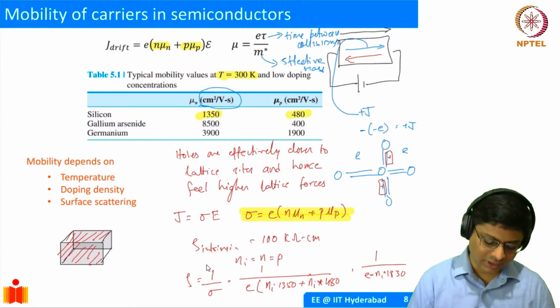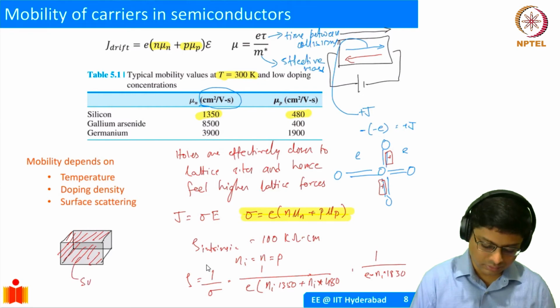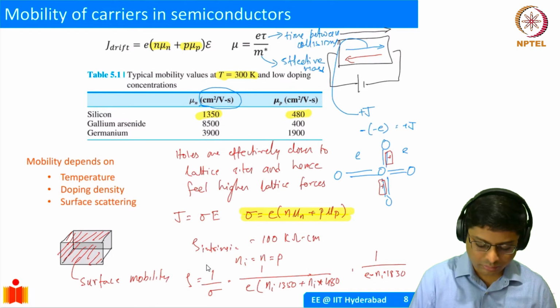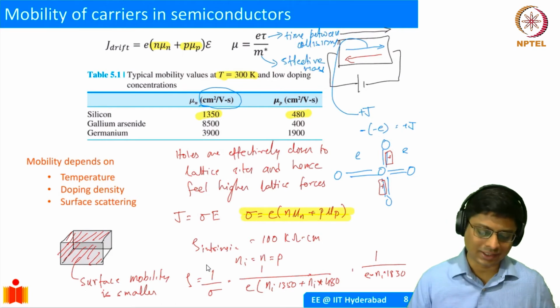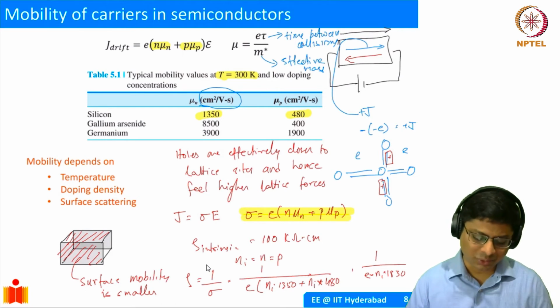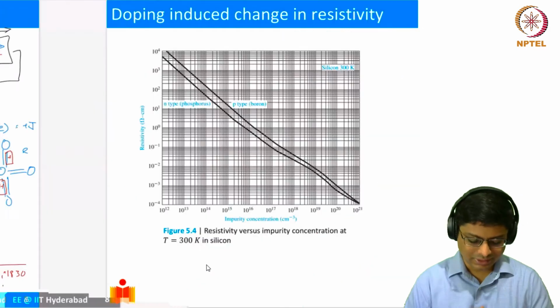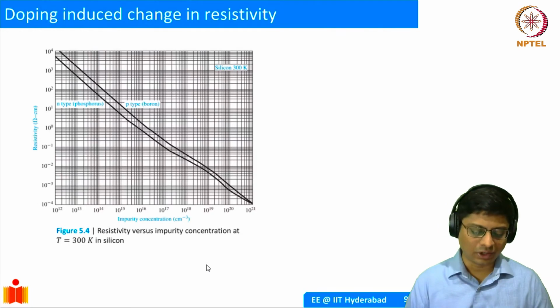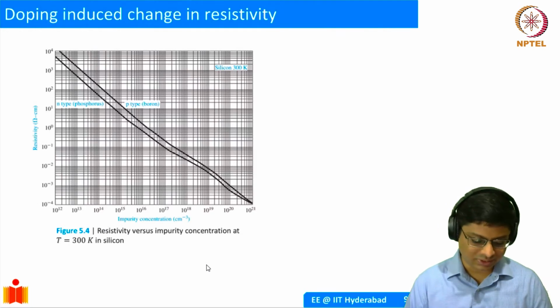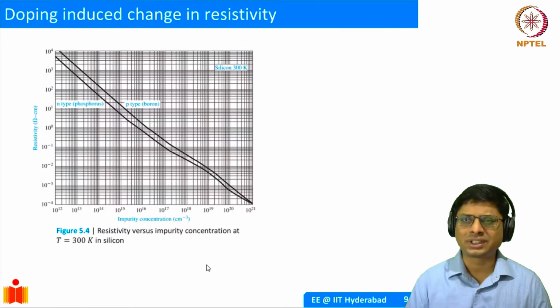So surface mobility is smaller than the bulk mobility. We could talk more about it, but we'll come back to it when we talk about MOSFETs, where we're going to introduce this one more time. All right.